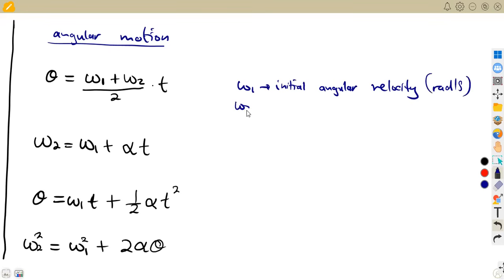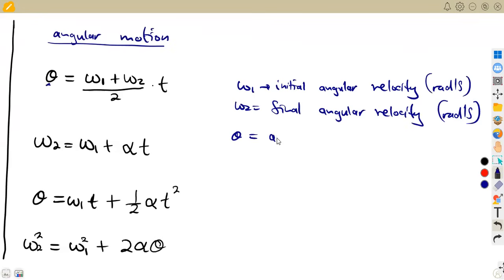Omega 2 is our final angular velocity, measured in rad per second. Then we have got theta. Our theta in this case is the angular displacement, which is measured in rads.